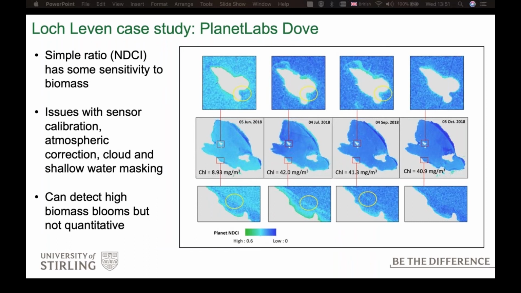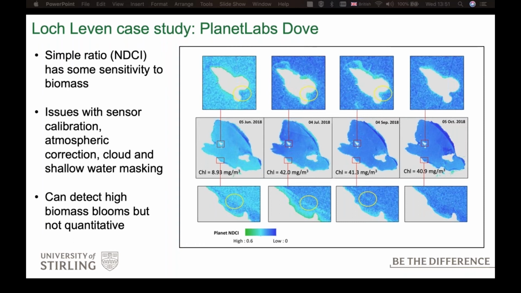We ran some preliminary analysis on a series of Planet Labs Dove images using the normalized difference chlorophyll index that seems to have a sensitivity to biomass.